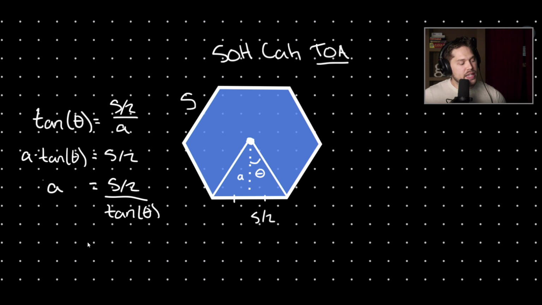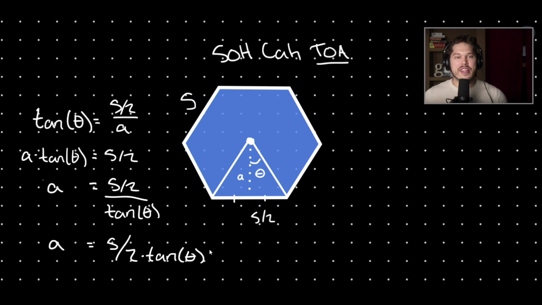And then let's go ahead and put our 2 in the denominator with tangent. So we have our apothem is equal to S divided by 2 times the tangent of theta. Okay, so this is handy.